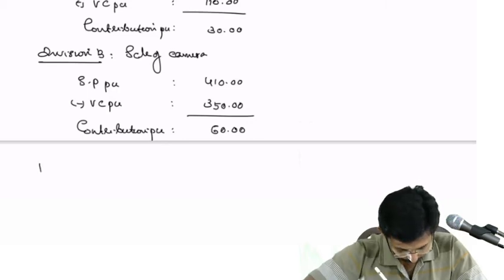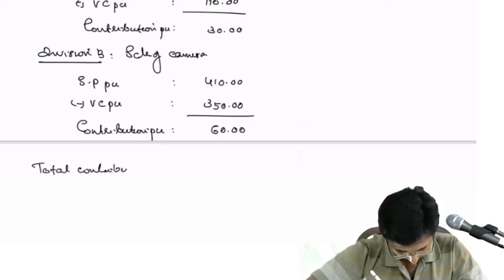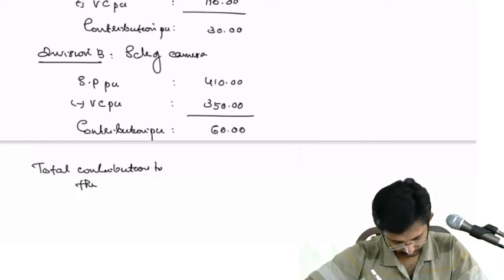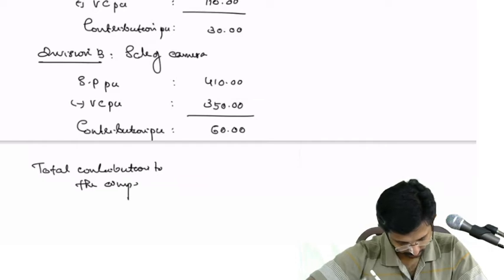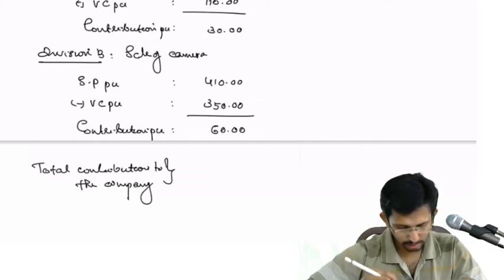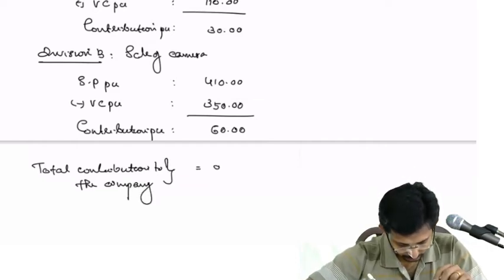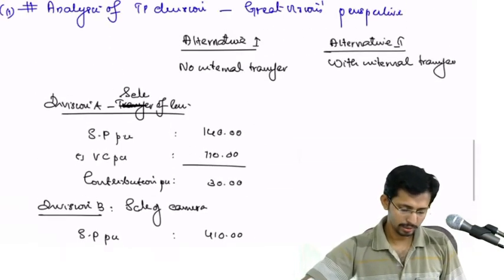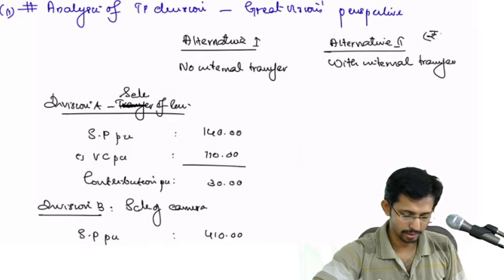So total contribution to the company, how much? 30 plus 60 will be rupees 90 per unit. Okay, so that is the existing situation.